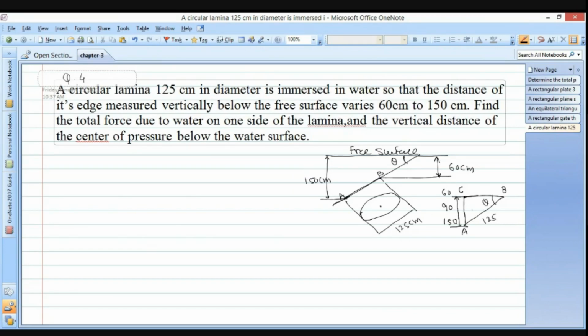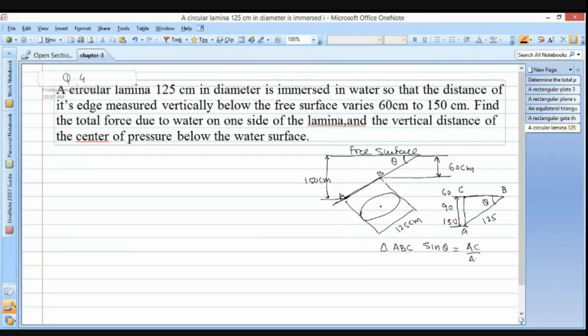So we apply the sine formula in triangle ABC. Sine theta equals AC divided by AB.